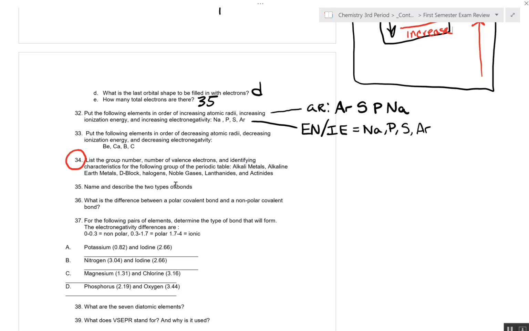Now, where's group 13? Where's group 13 up here on your periodic table? Boron group. What's its normal everyday charge? Plus 3. That's what you put there. Group 15. Nitrogen. Minus 3.